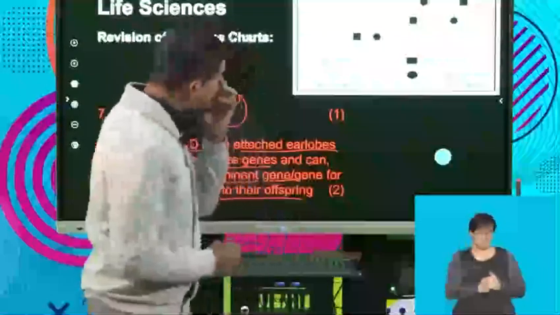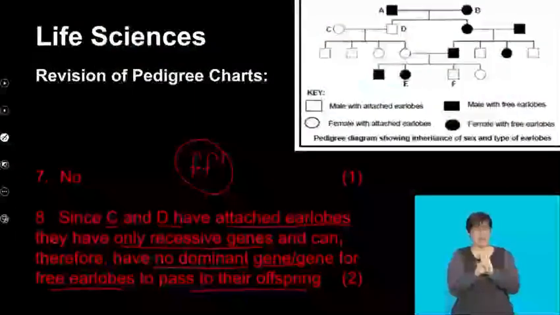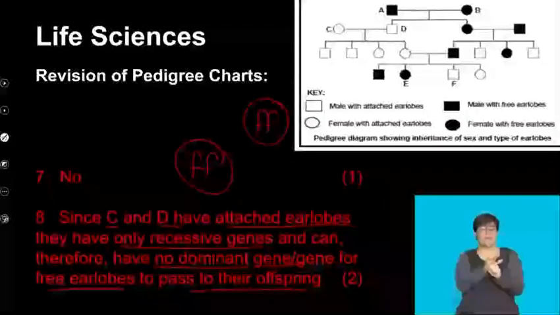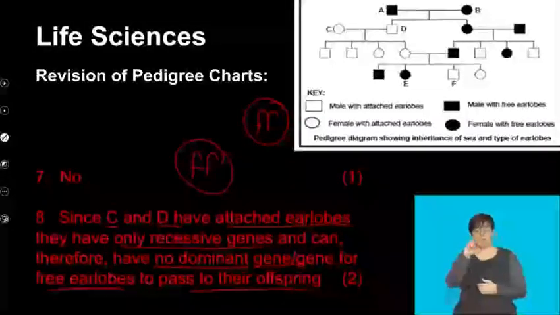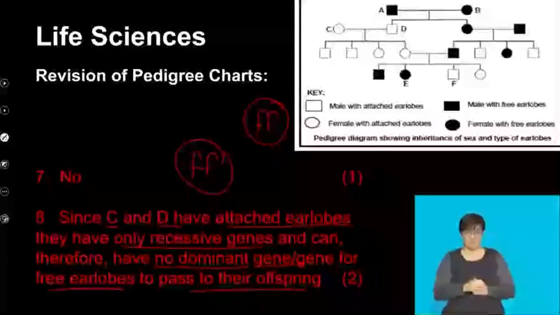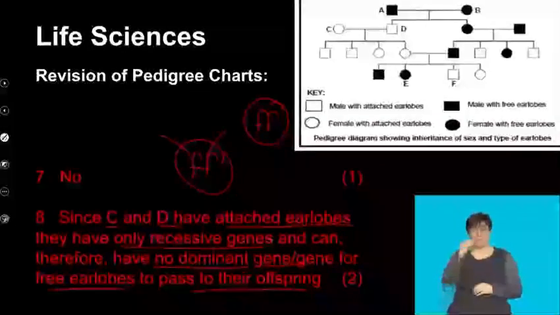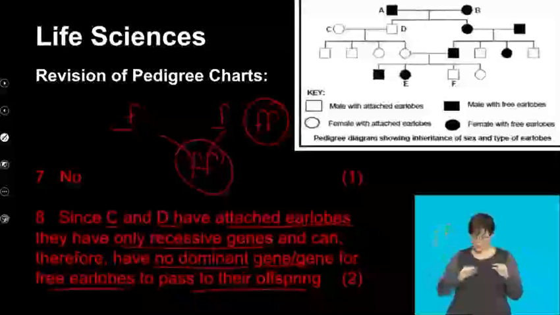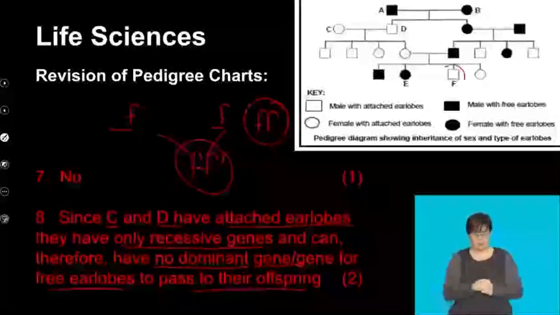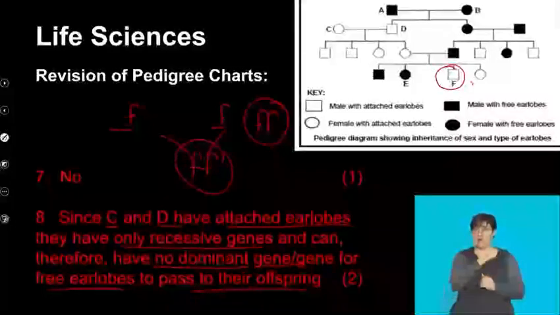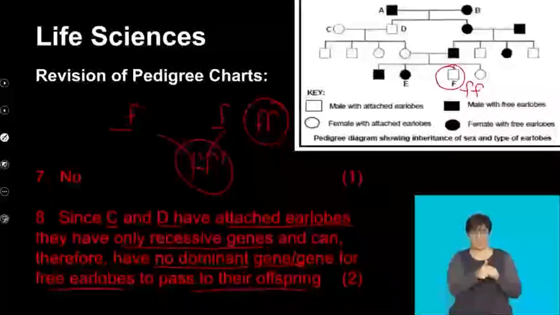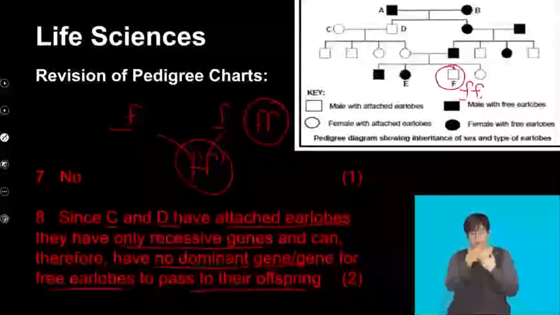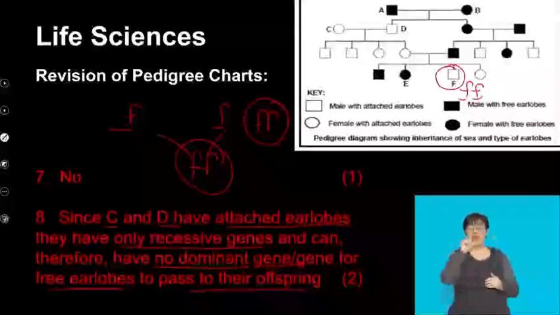Okay, and guys, as I mentioned earlier on, the key to working out many pedigree diagrams is to identify what I refer to as the individuals that are affected or homozygous recessive, because you've got to know that when an individual has these recessive alleles, it means that both the parents have to have the recessive allele. So when we look at this individual here, which is individual F, and we allocate that individual the recessive alleles, it's important that we recognize that during independent assortment, each of these alleles comes from a parent.